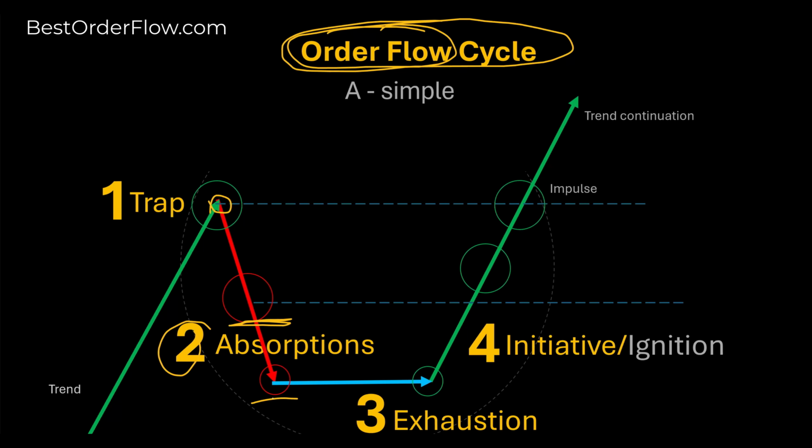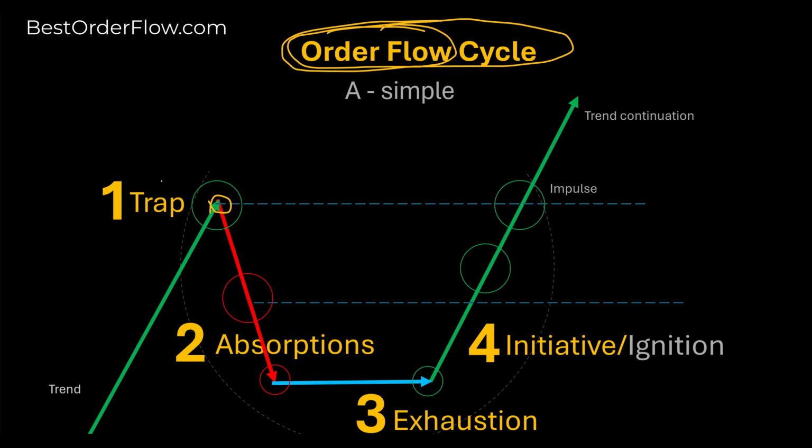On level 2, there is maybe a limit order sitting there, and when negative delta is trying to push the price down and down and down, something is preventing it and created these absorption bubbles or absorption delta. So you can see that there will be a reaction over here and a reaction over here. We're going to see it in smaller detail a little bit later. The main idea is to understand order flow as a cycle.